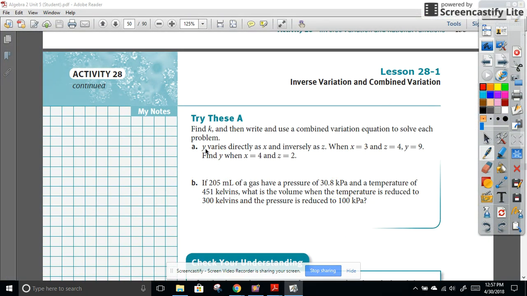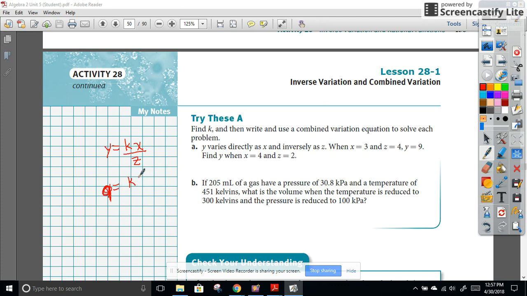Okay, so here we are. It says Y varies directly as X, okay, just that part, and inversely as Z. So that means Z has to go on the bottom. They give us X is 3, Y is 9, and Z is 4.